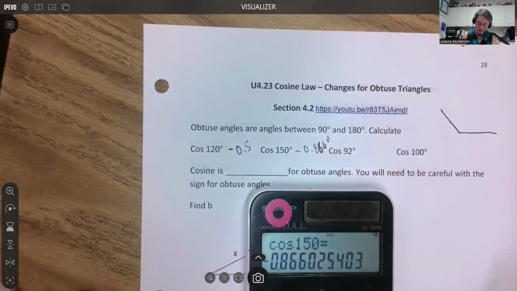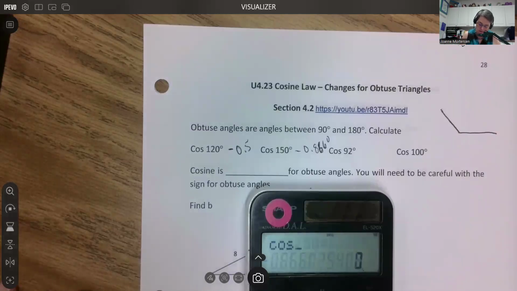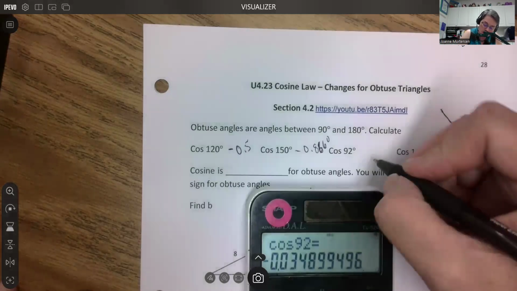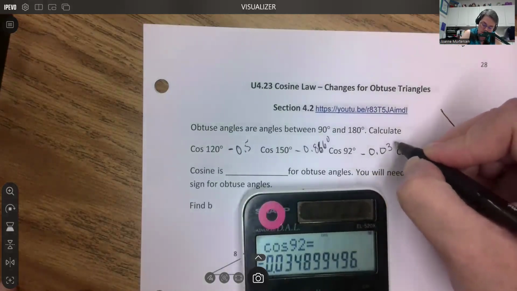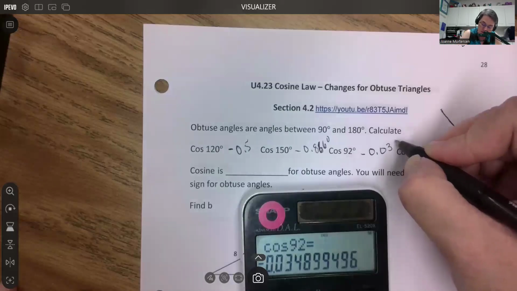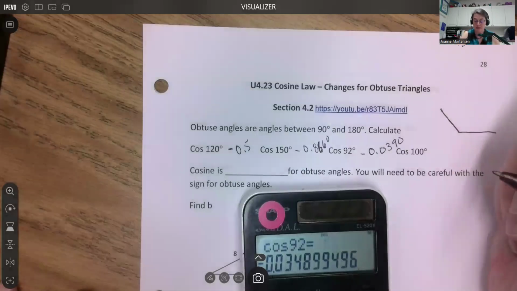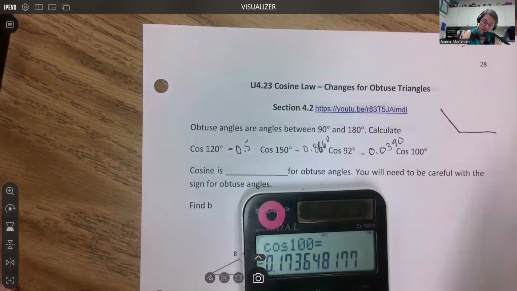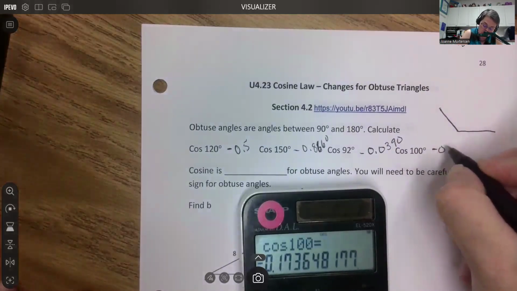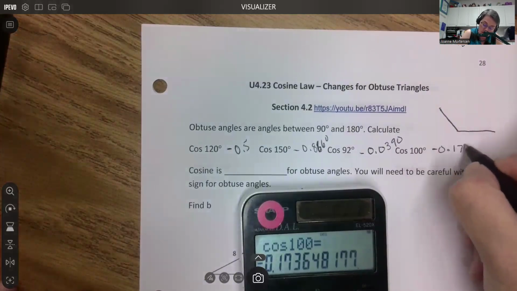Cos 92, negative 0.0389. Okay, so 90, it doesn't matter. The point is, by now you should be able to go, I don't know what cos 100 is, but I bet it's negative. So let's see, cos 100. And yes, it is, negative 0.1736.